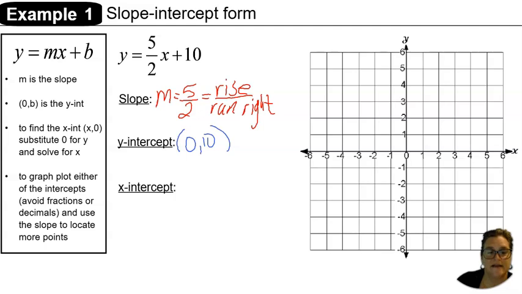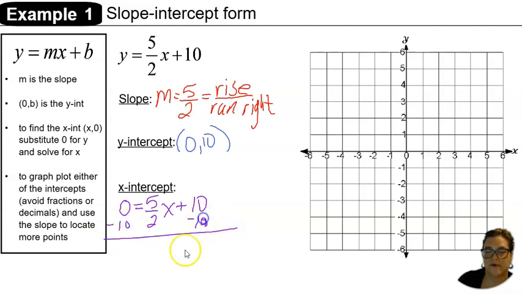And to find the x-intercept, we're going to put 0 in for the y and then solve this equation for x. So I'll have a 0 in place of y: 0 = 5/2 x + 10. I'm going to subtract the constant from both sides, so minus 10 from both sides, and that gives me negative 10 = 5/2 x.